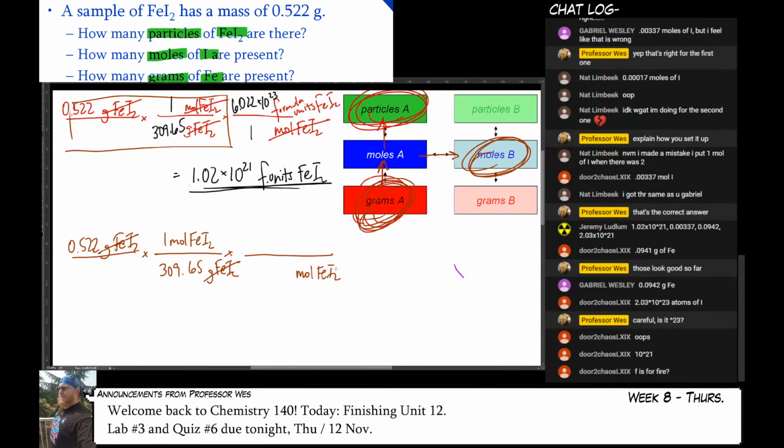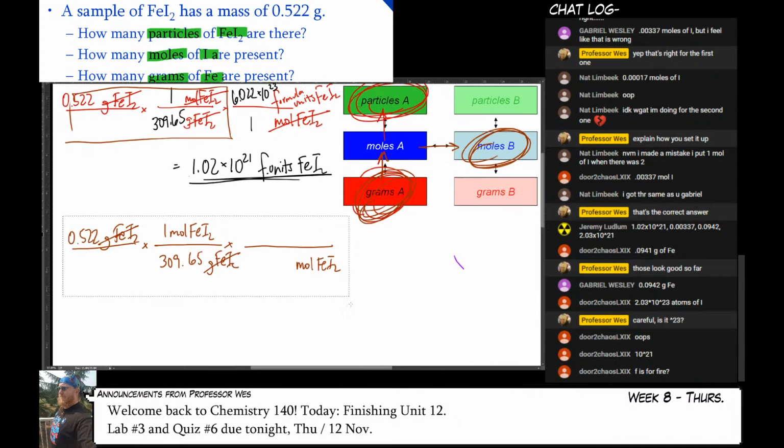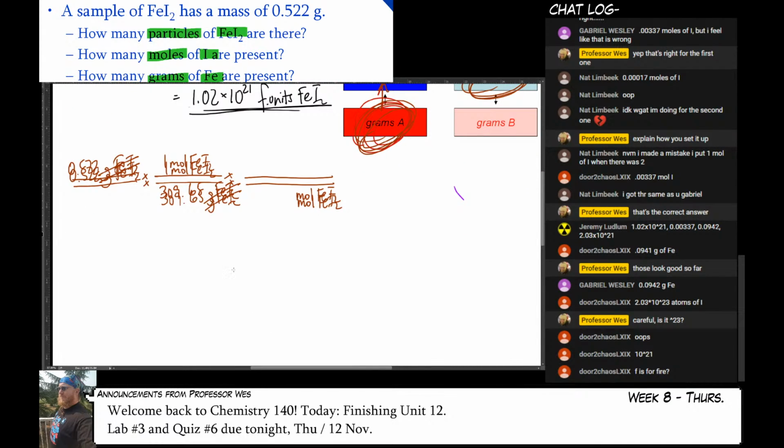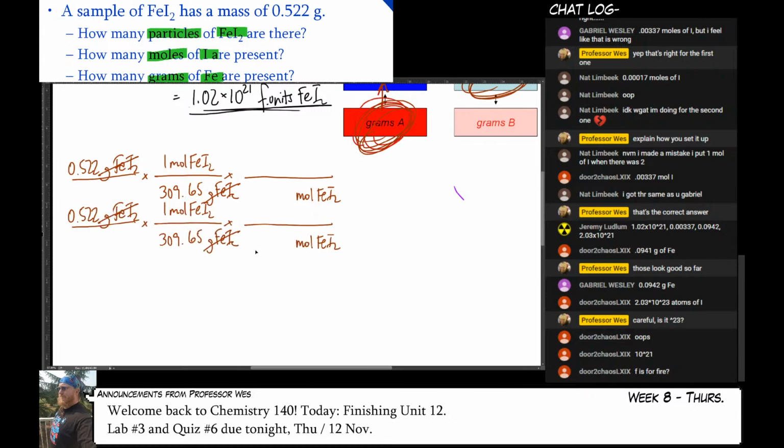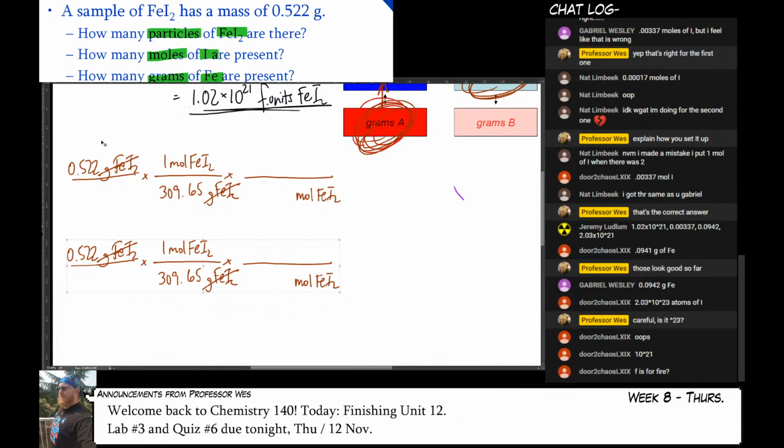But this part right here is all going to be the same every time. So what I'm going to do is write it all out. There we go. We're just going to copy that. We're going to paste it a few times down here, because we're going to use it again.